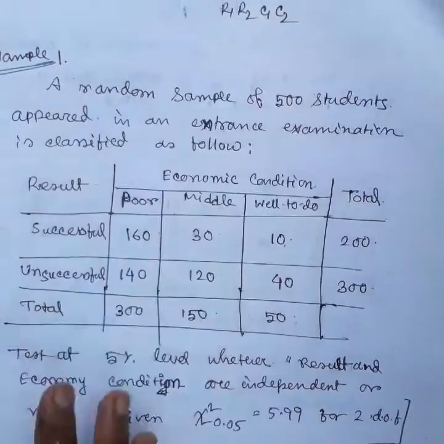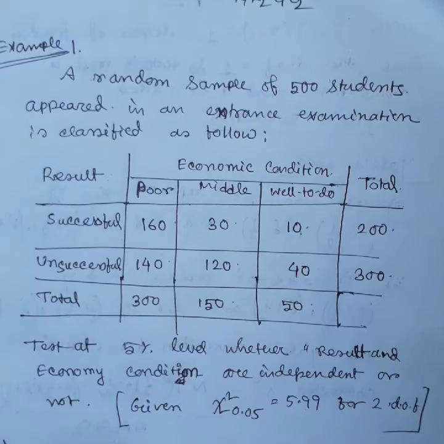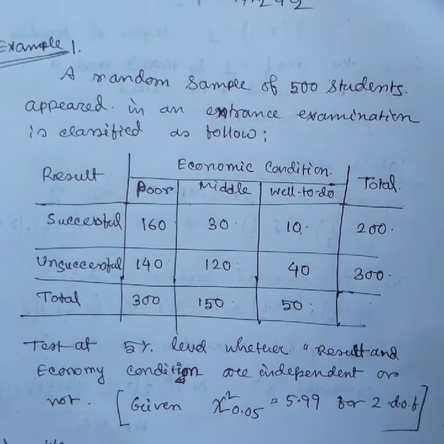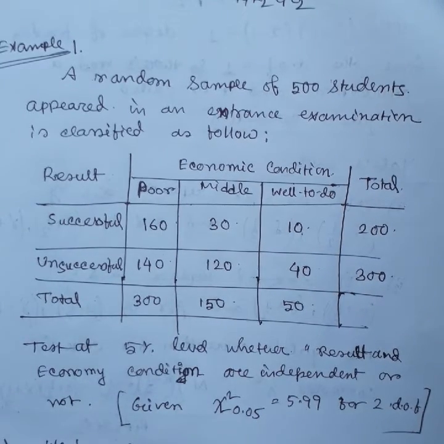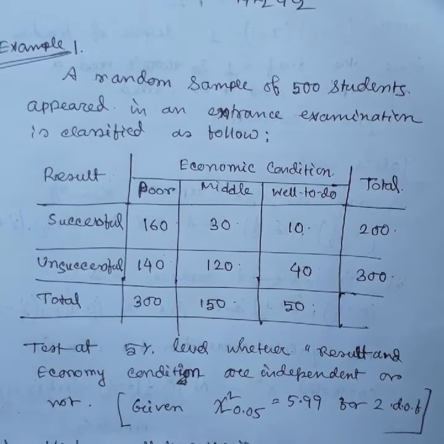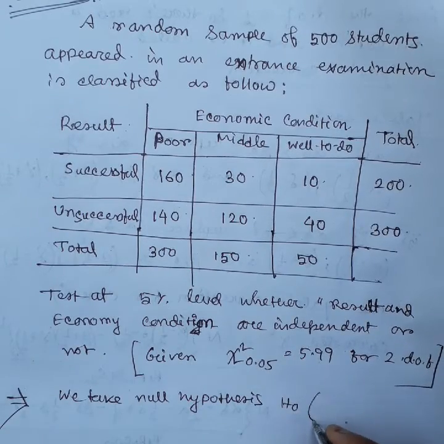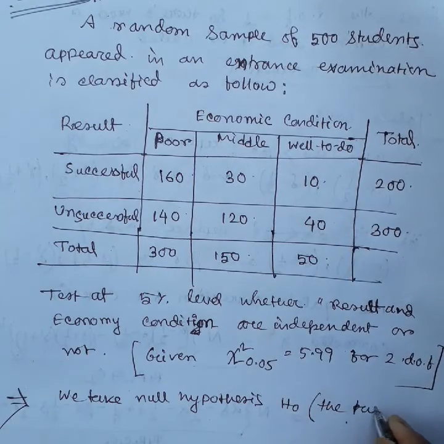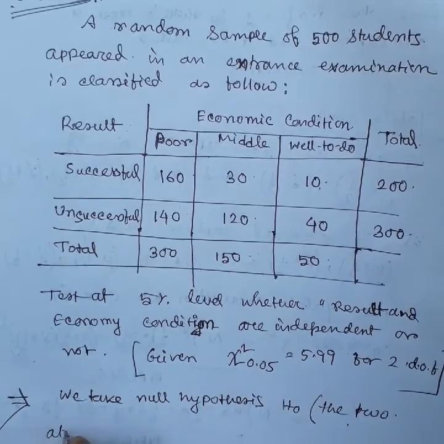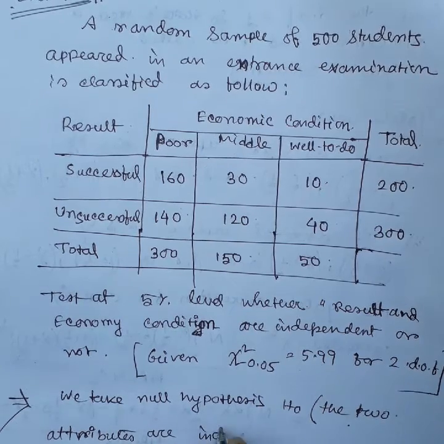Okay, this is given. So we take here the null hypothesis H0: the two attributes are independent.